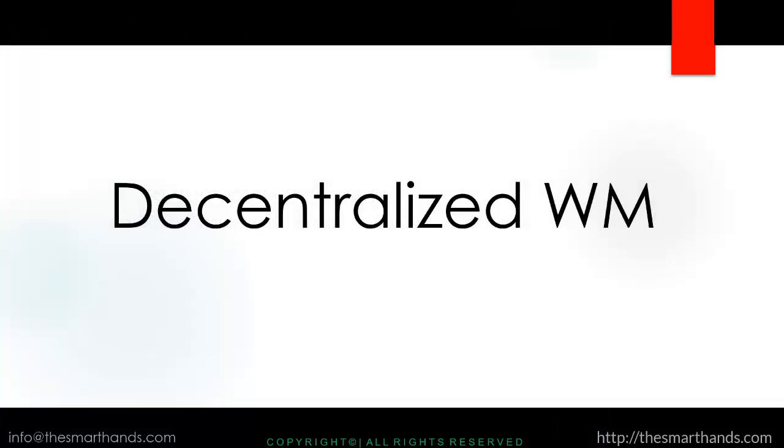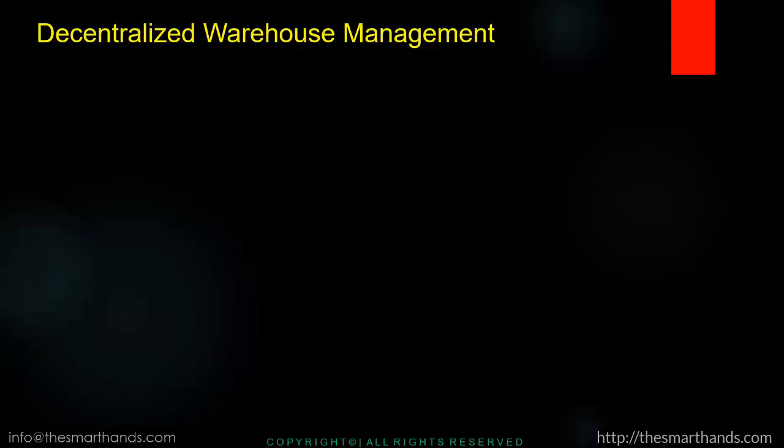Now we'll talk about decentralized warehouse management. So what is decentralized warehouse management? It is basically when you use the complete WMS system as a separate server. For example, you have an ECC system where you have the standard WMS system that we've seen in the previous topic.